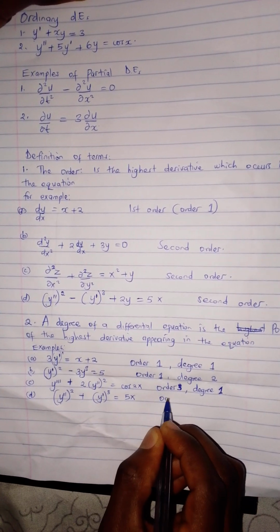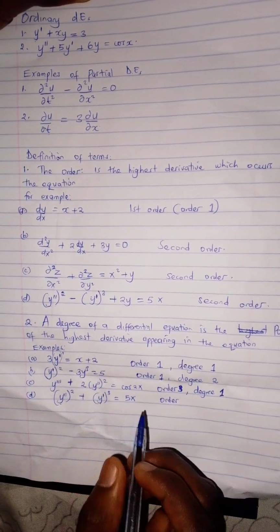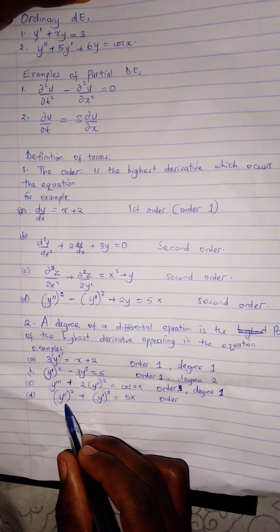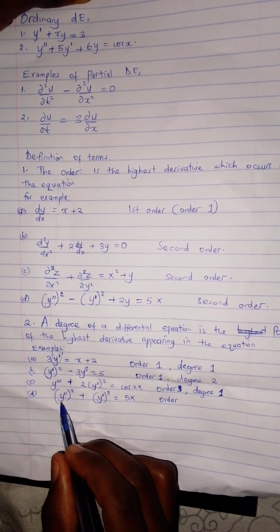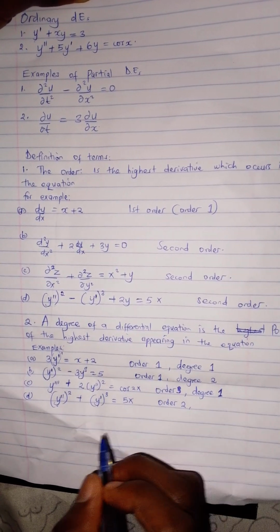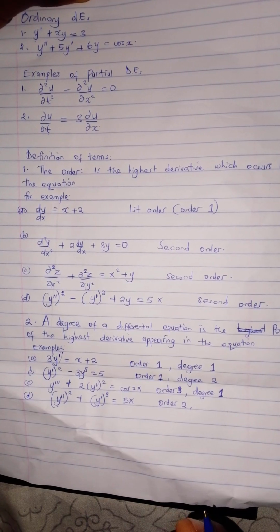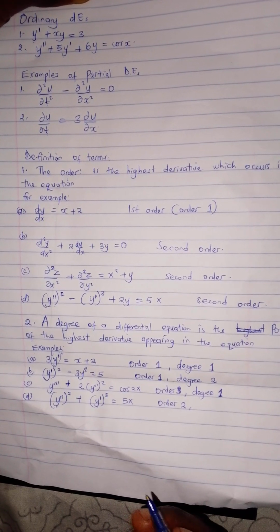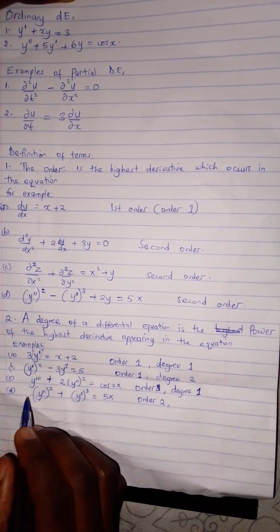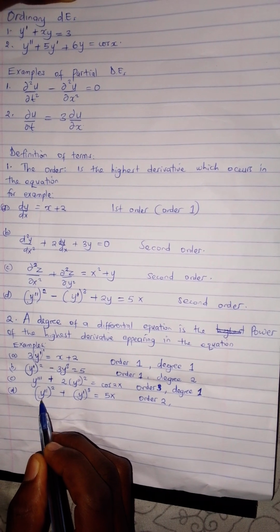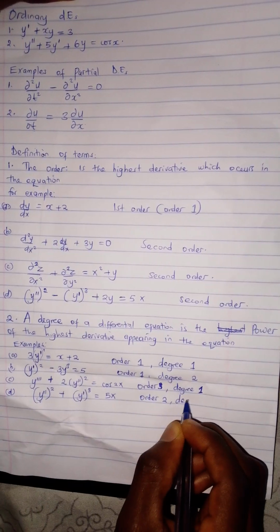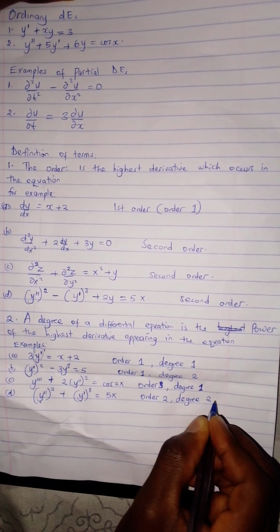Now for the order, we look for the highest derivative, and our highest derivative is the second derivative, so we have order 2. Then for the degree, you look for the power of the highest derivative. Our highest derivative was this second derivative, and the power is 2, so we have degree 2.